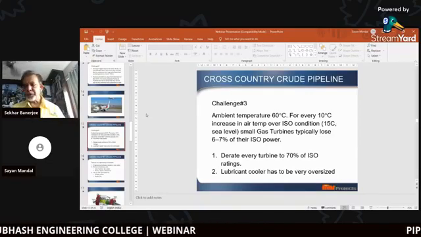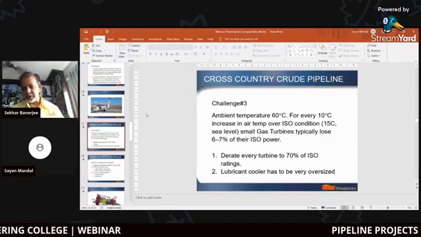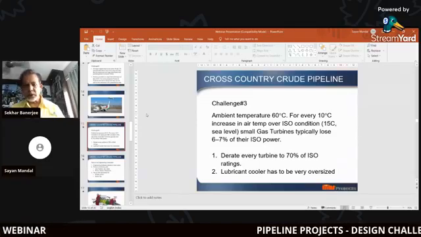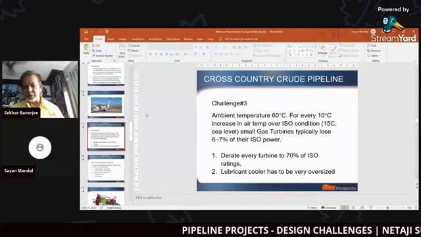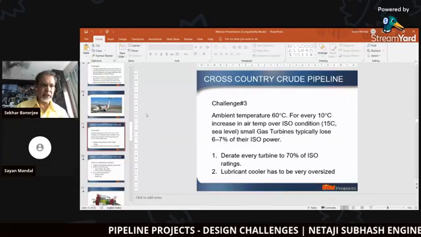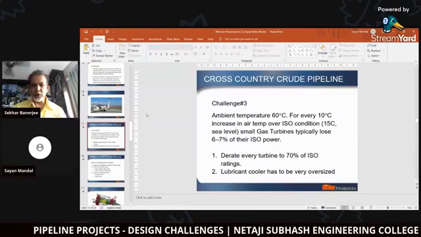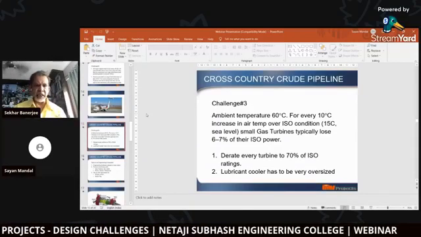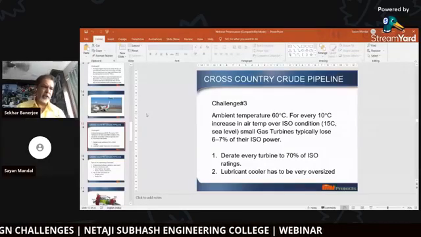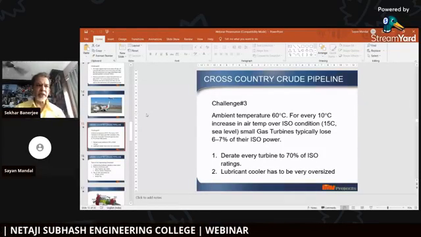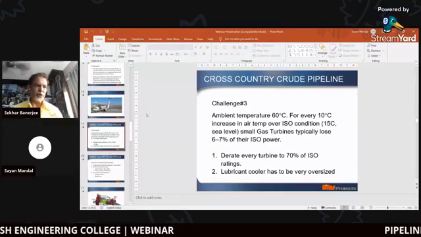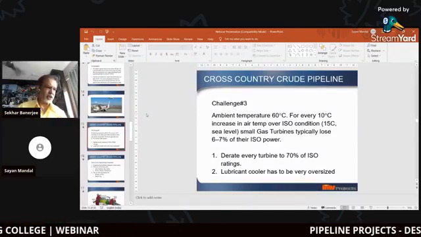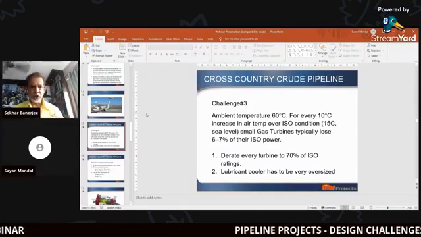So the performance is stamped based on that. But here we will not get that performance, because for every 10 degrees centigrade, the gas turbine loses about 6 or 7% of the ISO rating. So if it is, say, a 5 megawatt gas turbine, it will probably be about 4.6 or 4.8.